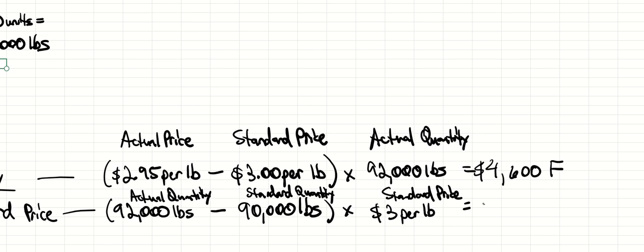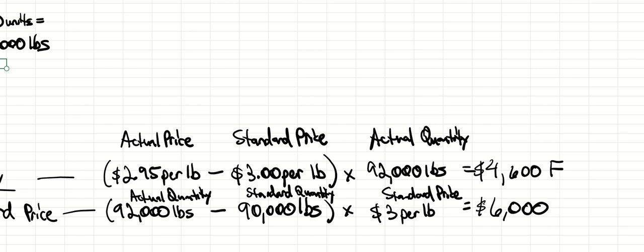So I've got to do the math here. We take 92,000, subtract out 90,000. That's going to give us 2,000 multiplied by 3, which gives us $6,000. So $6,000 as the quantity variance. Now we have to determine whether this quantity variance is a favorable variance or an unfavorable variance.